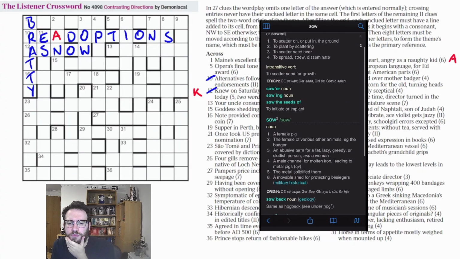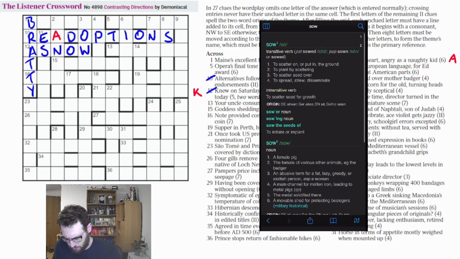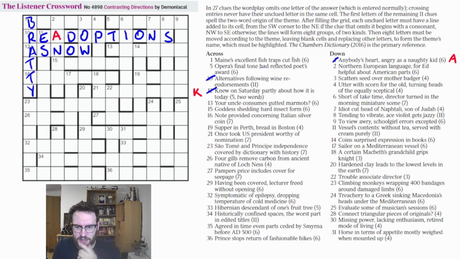So hold on, maybe mother badger is just sow. But then we need sows with an S. Well, okay, actually, it could be scatter seed over, not necessarily just scatter seed. So scatter seed over is sows. So I guess there's just an extra S that isn't in the wordplay then. So we'll just do that in red. Why not? Yeah, I'm okay with that.